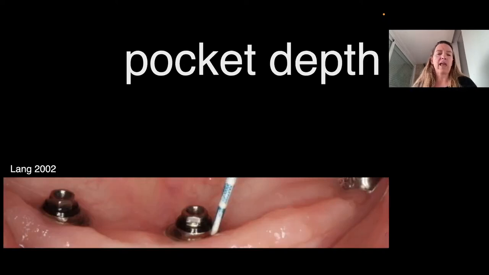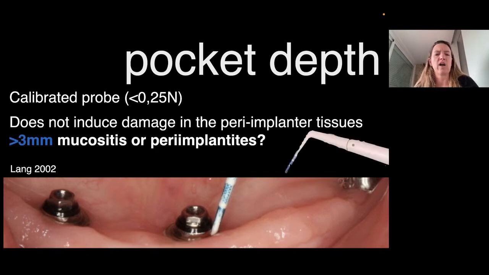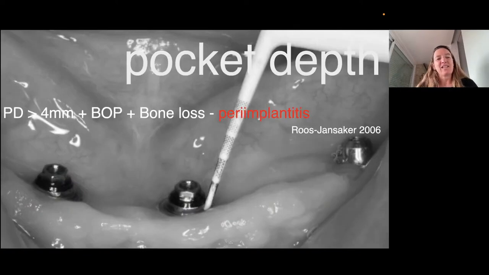In terms of pocket depth, it is also important to understand what it means to have a pocket depth of more than 3 millimeters. We also use the same calibrated probe for that. This does not induce damage in the peri-implant tissues. Is more than 3 millimeters mucositis or peri-implantitis? Well, basically, we know some definitions.